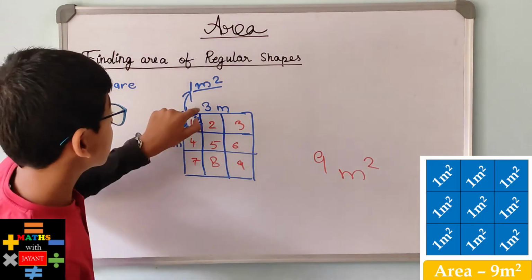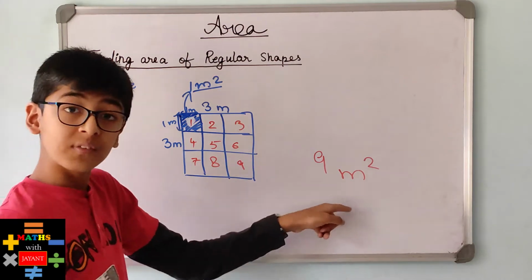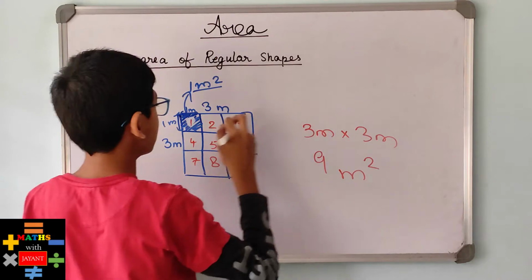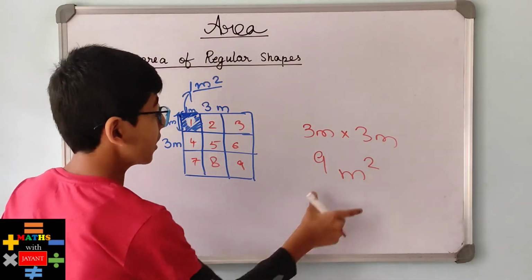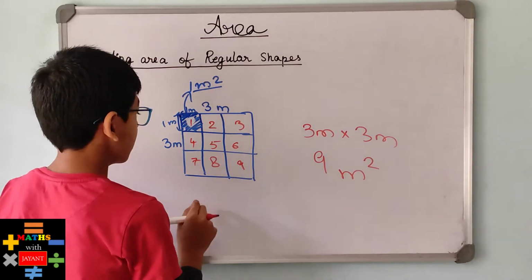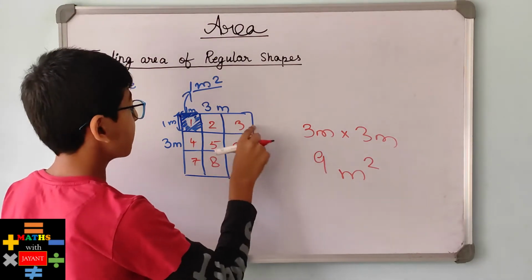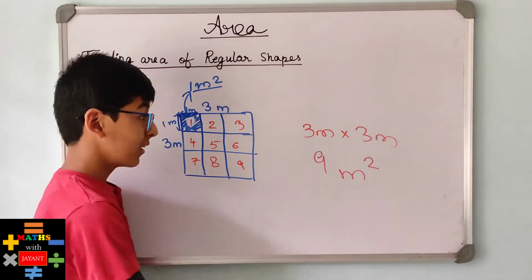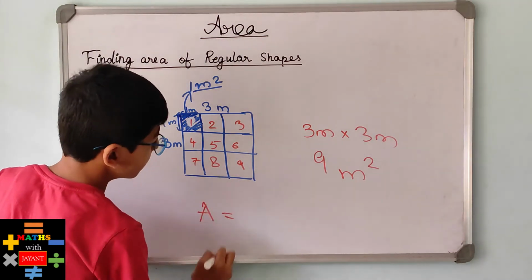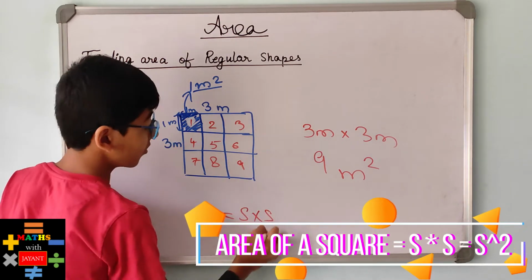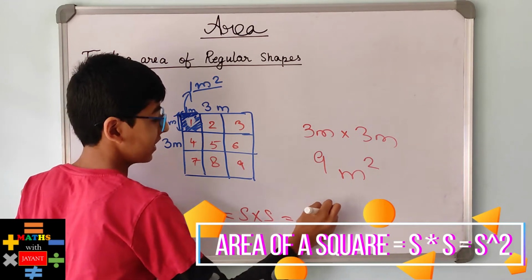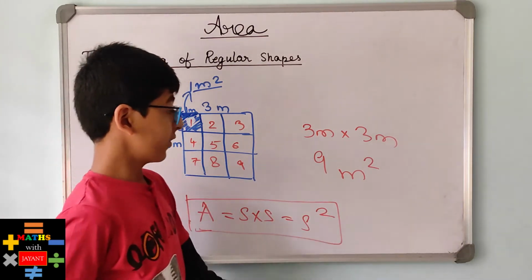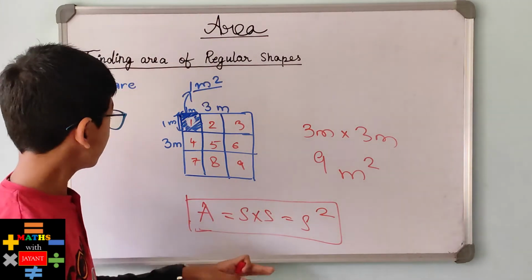Do you see that 3 meter into 3 meter also gives us 9 meter square? We multiply the side with itself and we get the same answer, the area. By counting we get this, and by multiplying the side by itself also we get this. So for any square, its area is going to be side into side, or the side squared. This is how we figure out the area of a square.